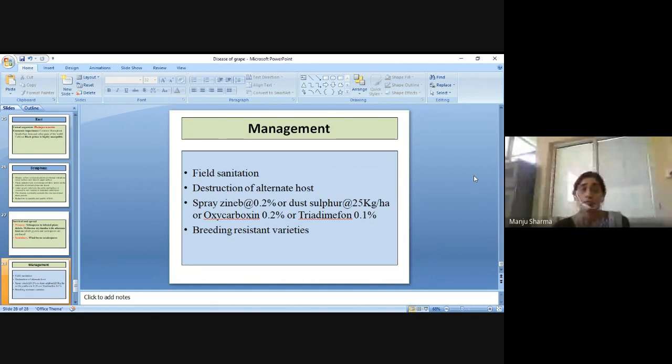So field sanitation. Another is the destruction of alternate host. Then spray Isoprothiolane or Hexaconazole 0.2%, or dust sulfur 25 kg per hectare, or oxycarboxin 0.1%, or tridemorph 0.1%.